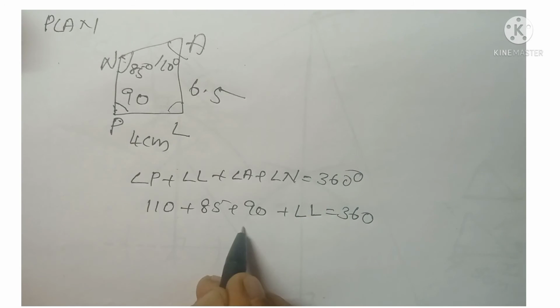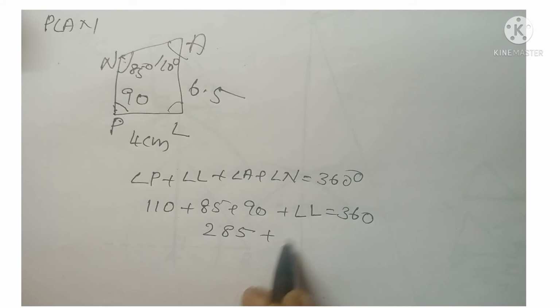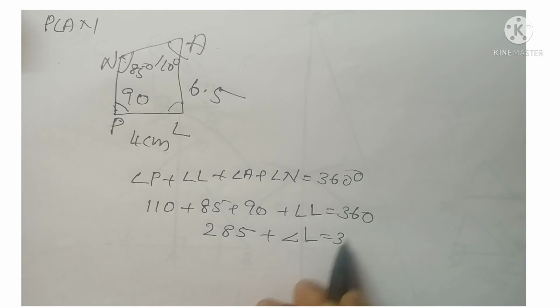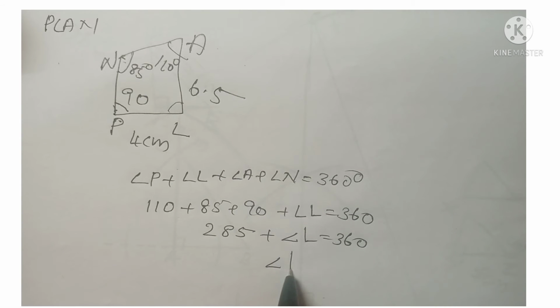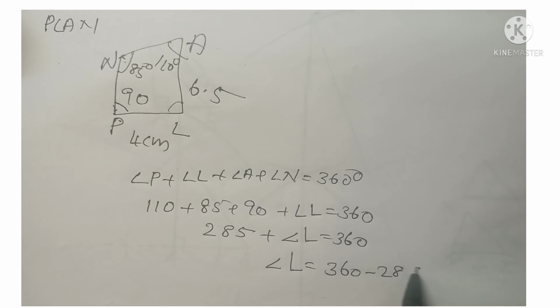Then what is the sum? 285 plus angle L is equal to 360 degrees. Therefore, angle L is equal to 360 minus 285. So it is 75 degrees.